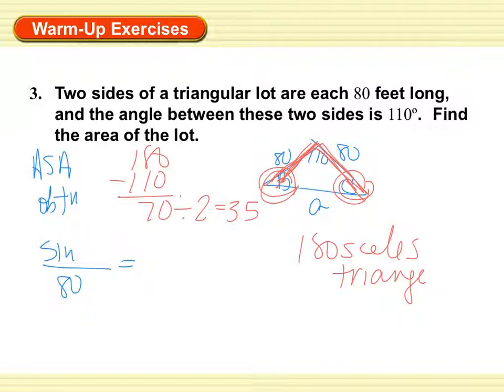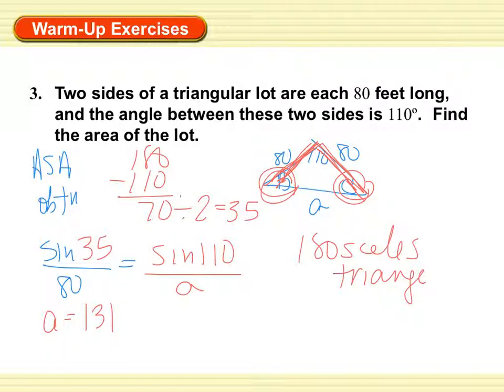I've got sine of 35 over 80 equals sine of 110 over A. 80 times sine 110 divided by sine 35. A is 131 degrees.